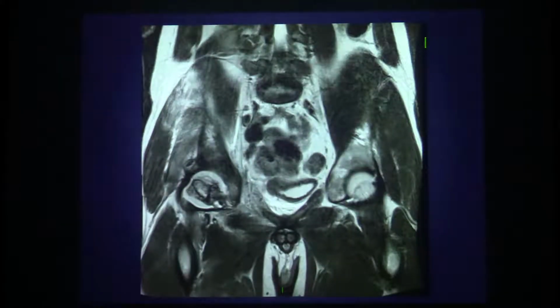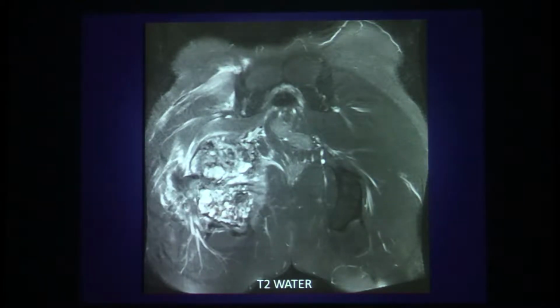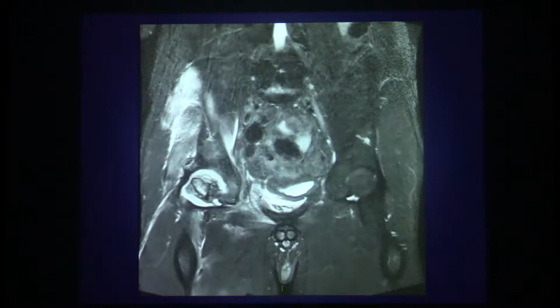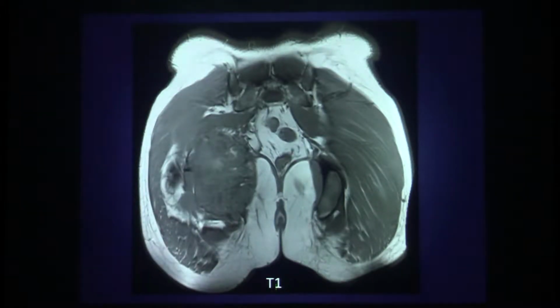I let you take a look at it. On water sequences. On T1 it was a little bit low signal on T1 sequence.